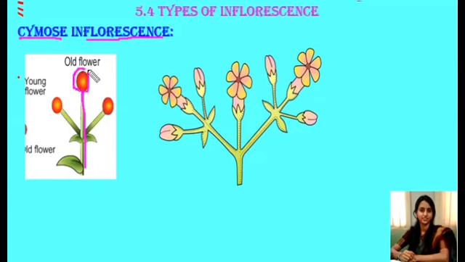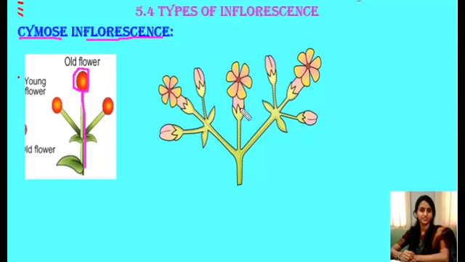This is the flower, and the younger flowers are produced on either lateral side of the older flower. This is the older flower and these are the younger flowers. Here the inflorescence axis terminates in a flower, hence further it does not grow. Hence the cymose inflorescence is known as the definite type of inflorescence.